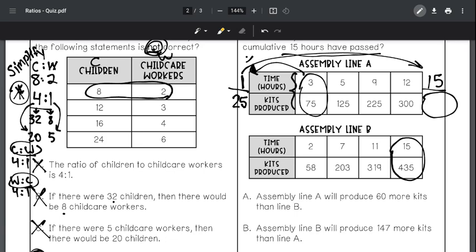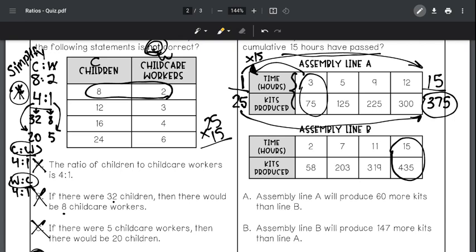Well, I'm going to multiply by 15. Well, so then you have to do the same thing, 25 times 15, to figure out how many kits Company A can make. So when you do 25 times 15 and solve it, you end up getting 375 kits.